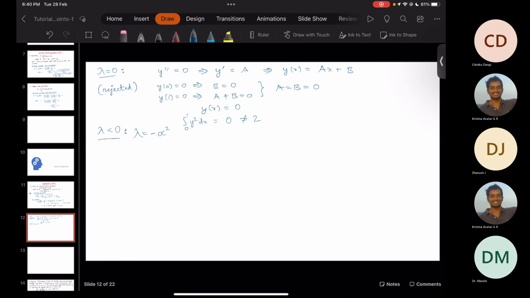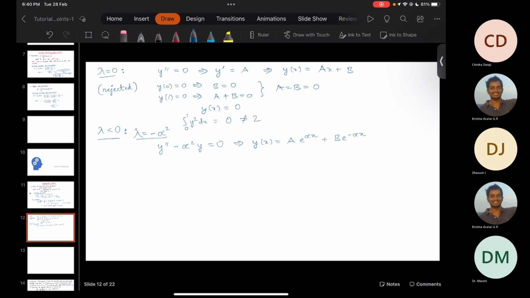Now putting this in our Euler-Lagrange equation, we'll have y double prime minus alpha squared y is equal to 0. And the general solution to such problems, as we had discussed in our first tutorial session, is y of x is equal to a e to the power alpha x plus b e to the power minus alpha x.